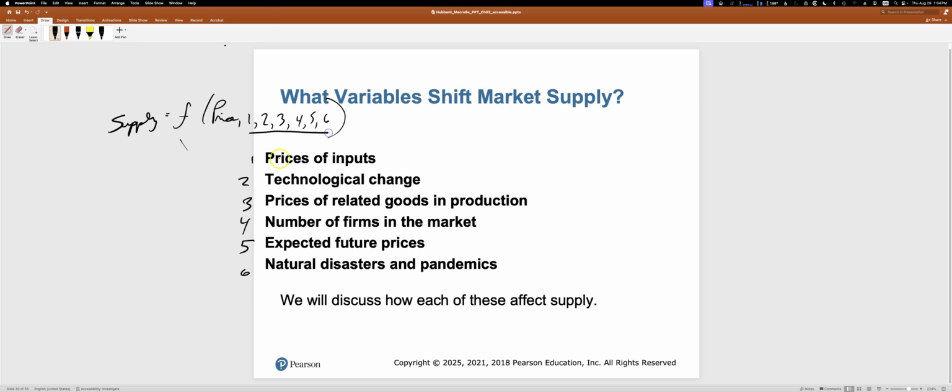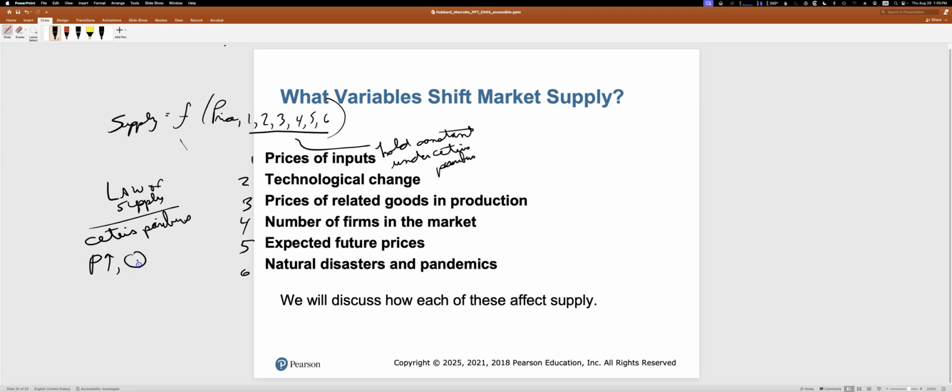And then under ceteris paribus, we hold these constant. We essentially say under the law of supply that ceteris paribus, again, a Latin term meaning all else equal, as the price goes up, quantity supplied goes up, or as price goes down, quantity supplied goes down.